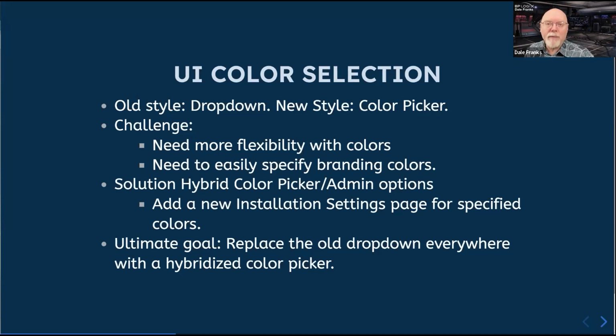And then whenever you need to pick a color in the UI, your color picker will give you both the standardized options and the general color picker to allow you to pick anything that you want. And the ultimate goal is just to replace whatever color pickers we're using currently with this, what I'm calling personally a hybridized color picker.